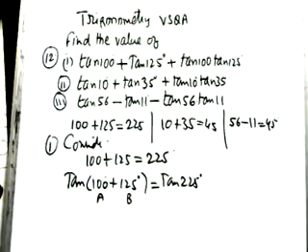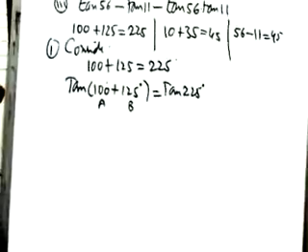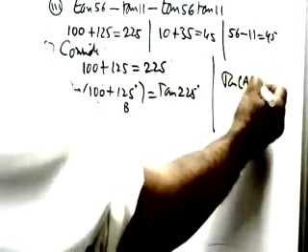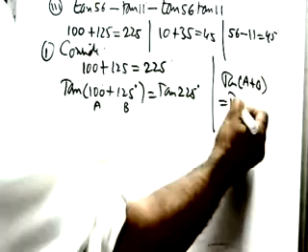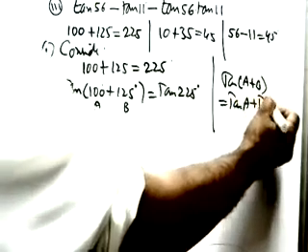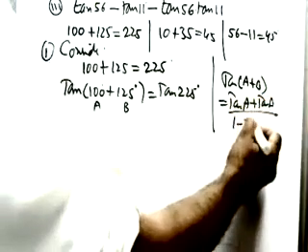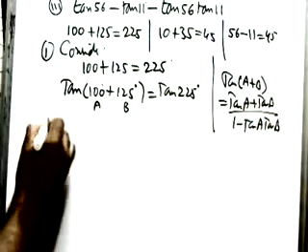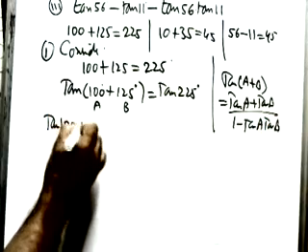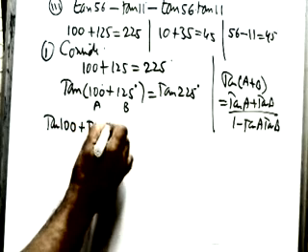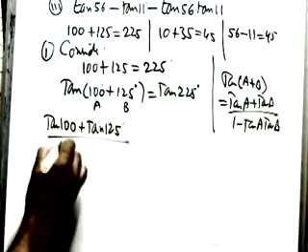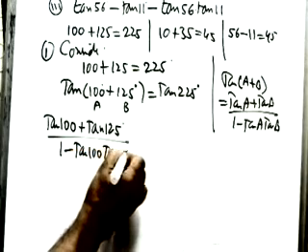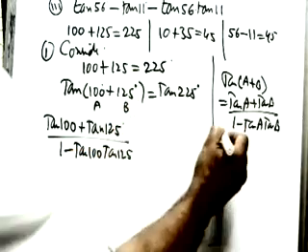Now consider this as A and this as B. We know the formula of tan(A plus B): tan A plus tan B divided by 1 minus tan A into tan B.